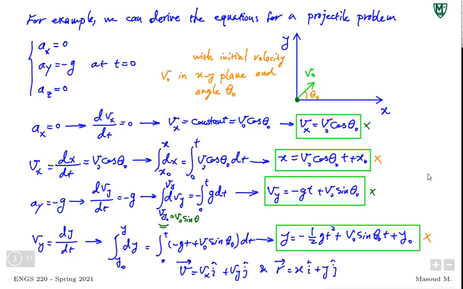Velocity is a vector, so knowing the x and y components, you know everything about it. Same story about position. If you know x and y, you know where the particle is at any given moment.